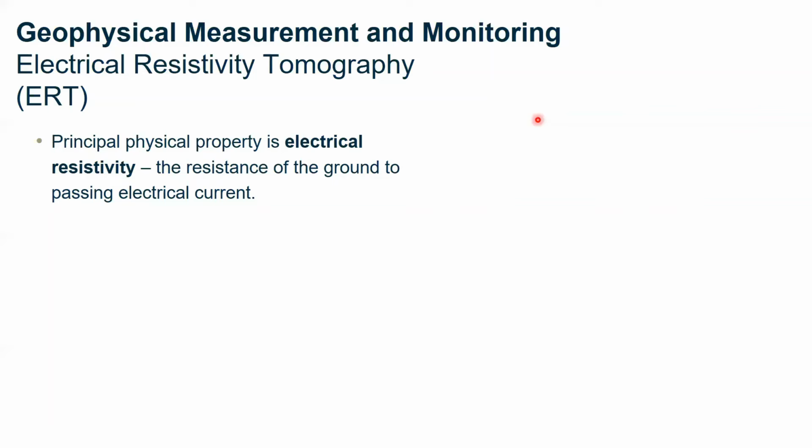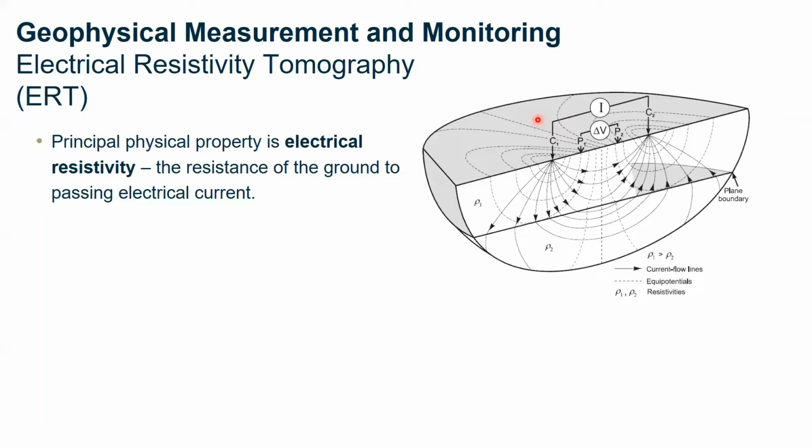So first of all, I will introduce what I mean by electrical resistivity tomography. Essentially it's a method very similar to medical imagery, where we try to sense the electrical resistivity distribution in the subsurface using a set of electrodes. So usually we have 4 electrodes, and we inject current between 2 electrodes and measure voltage between 2 other electrodes.